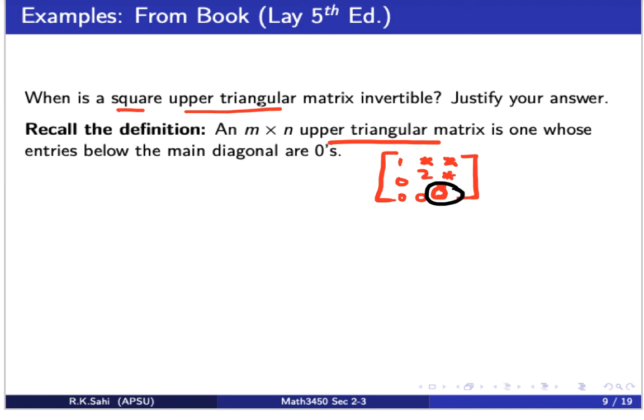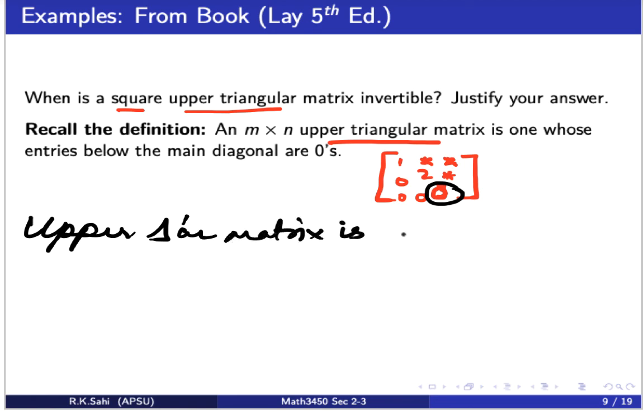So for the answer to this, as it is the upper triangular matrix, let's write it down. The upper triangular matrix is already in the echelon form.